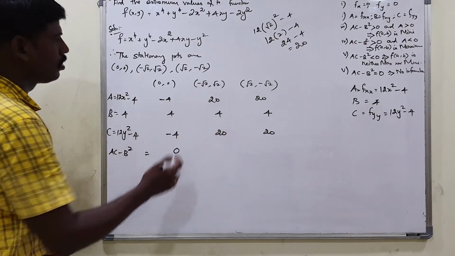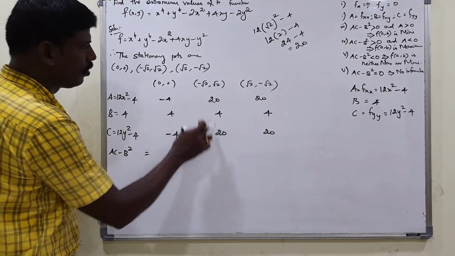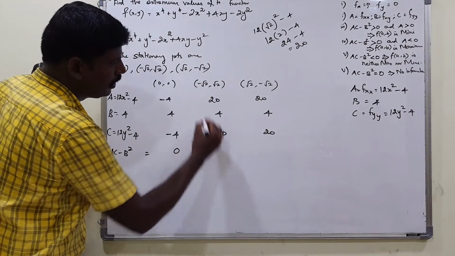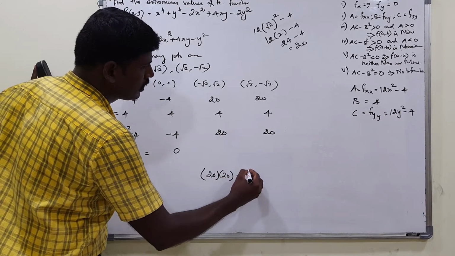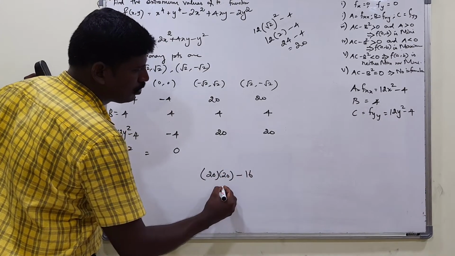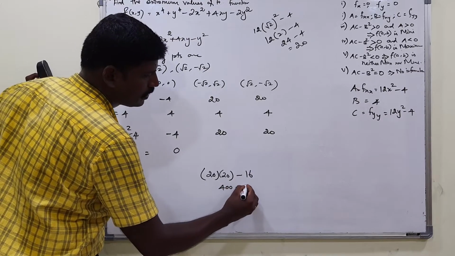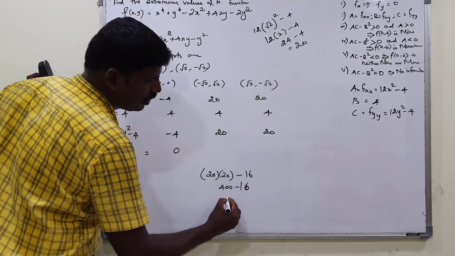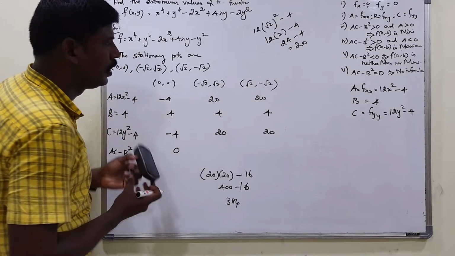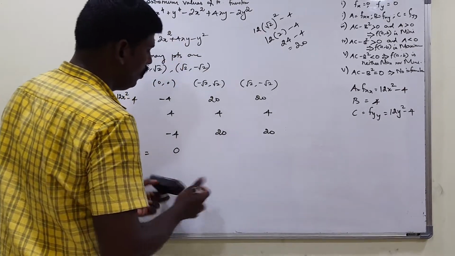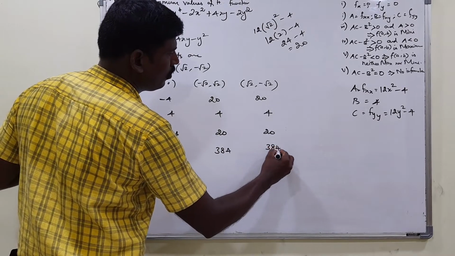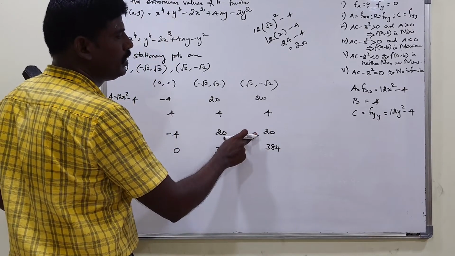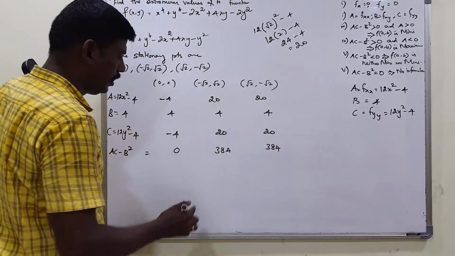What about (minus root 2, root 2)? AC minus B square: A into C, 20 into 20, 400. Minus B square, 16. So what? 400 minus 16. So it is 384. Right? So here it is 384. Here also 384. The same as A into C, 400 minus 16, 384.